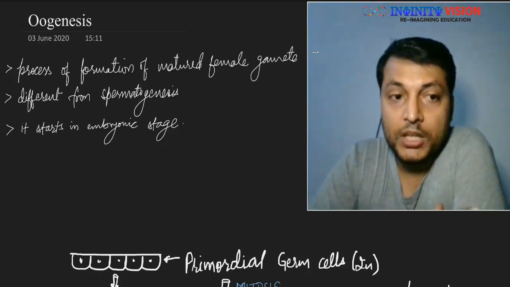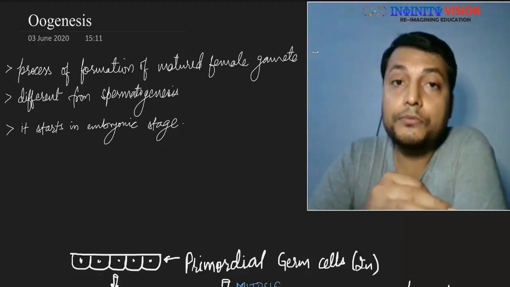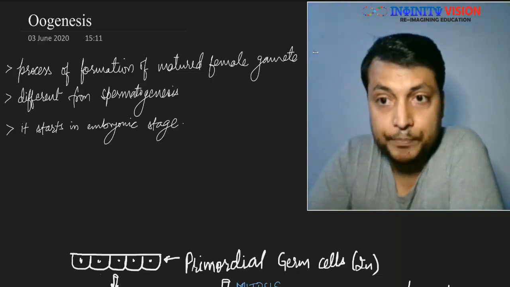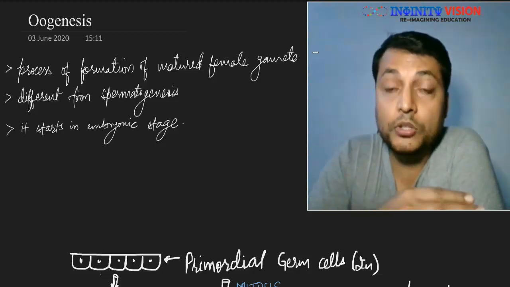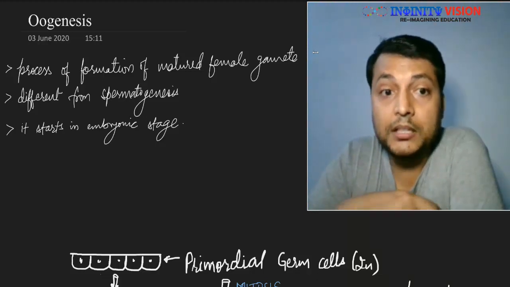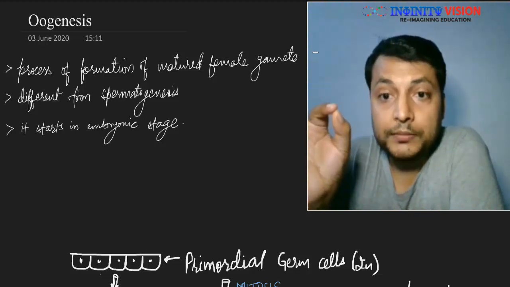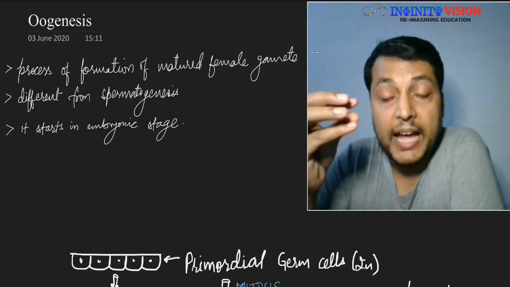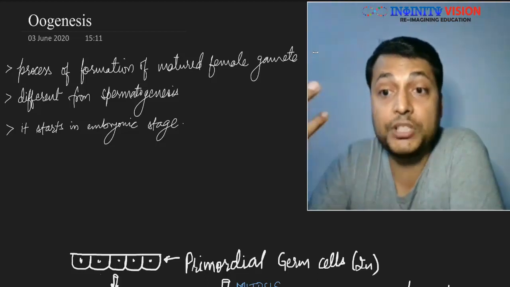Now, if we look at oogenesis, the process of oogenesis is initiated in the embryonic condition. So when a female is still in the womb, she has not taken birth, in her fetal stage, when the ovaries are developed in the female fetus, at that point the process of oogenesis is initiated.